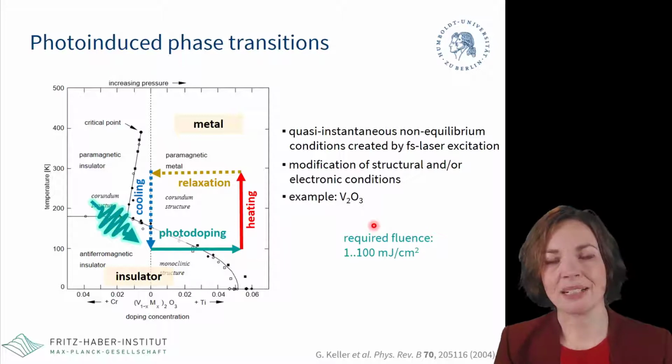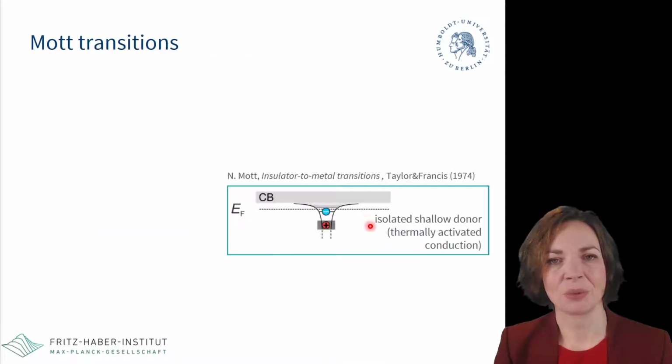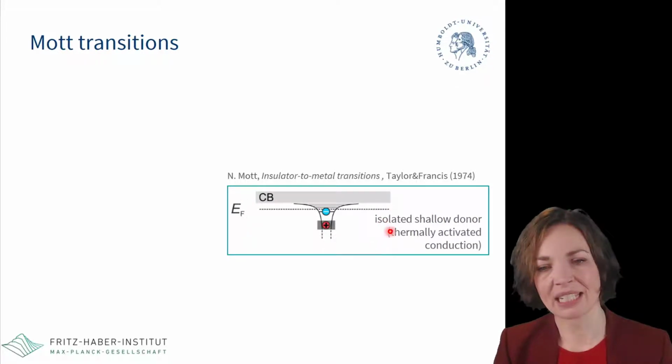There are various ways of driving also electronically an insulator to a metal, and one occurs via chemical doping, as seen in the previous slide and also here.